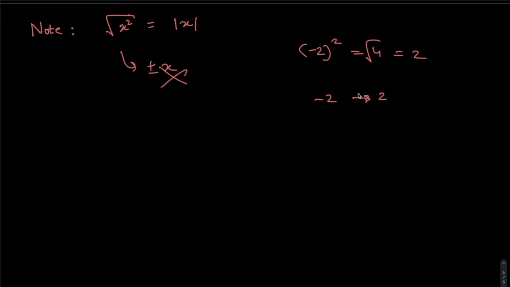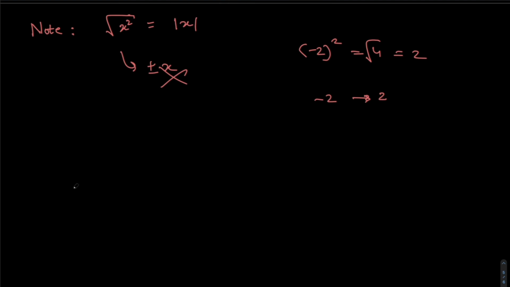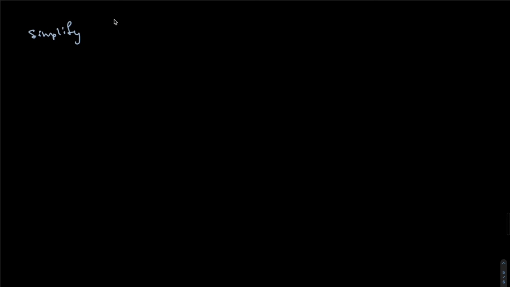So let me just directly give you guys an example question. I'll change the color and we'll take light blue. So if we have to simplify the expression below, simplify the expression for when a is less than minus 3.